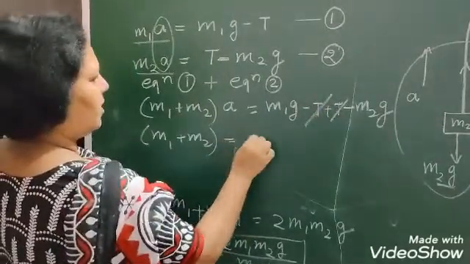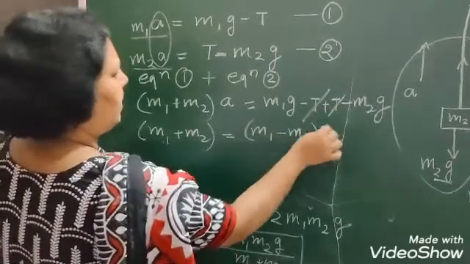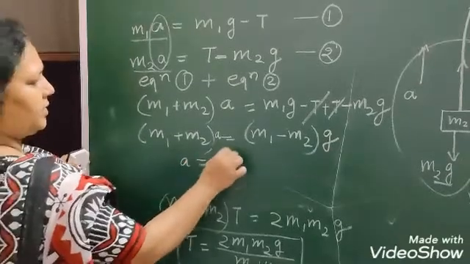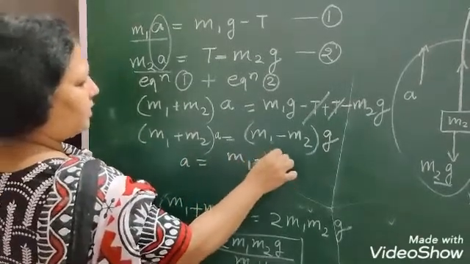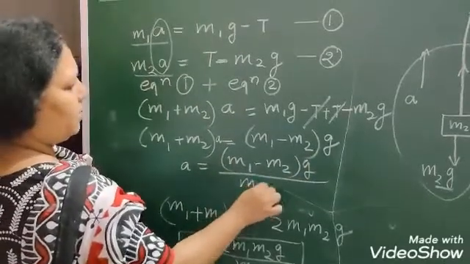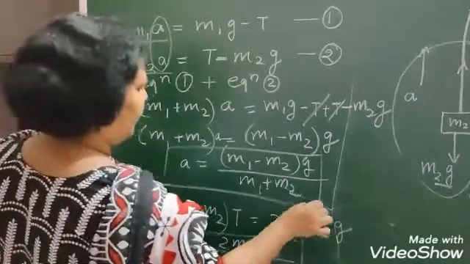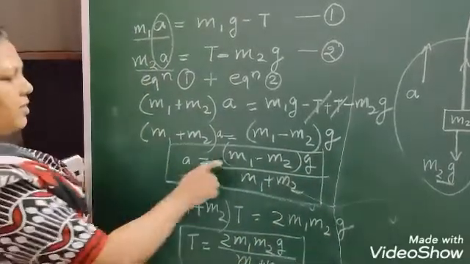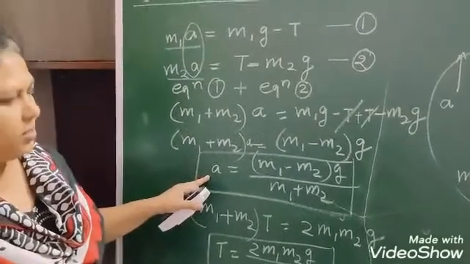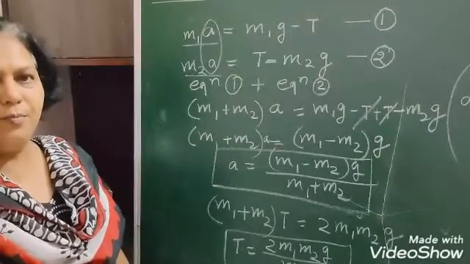Here you will take g as common factor, so (m1 minus m2)g here, and the acceleration is equal to (m1 minus m2)g upon (m1 plus m2). So this is the formula for the acceleration, in which you will find m1 is greater than m2. Okay, so the acceleration will produce in this manner. We will apply directly this formula here for this type of problem.